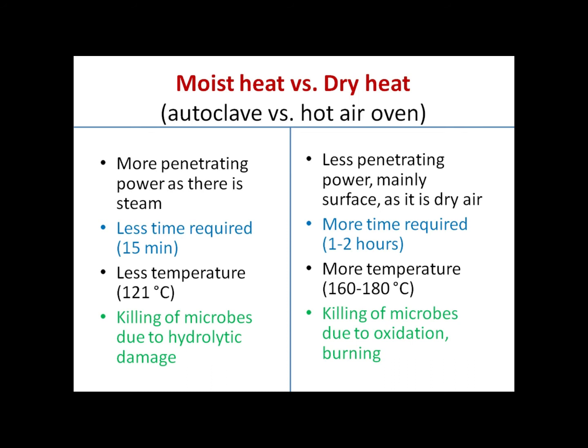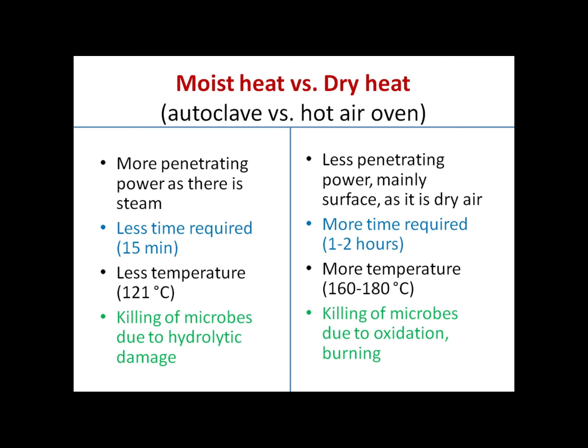Moist heat has more penetrating power because there is steam, whereas dry heat has less penetrating power. Moist heat or the autoclave requires less time for sterilization, only 15 minutes, whereas dry heat requires more time, 1 to 2 hours.